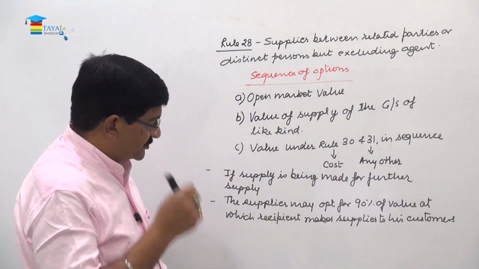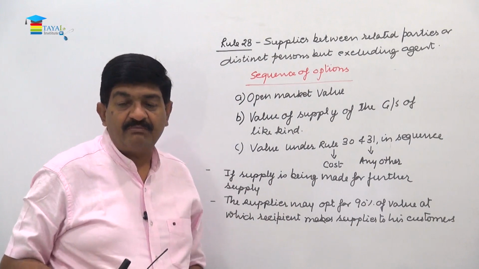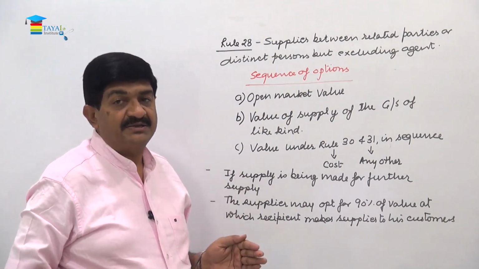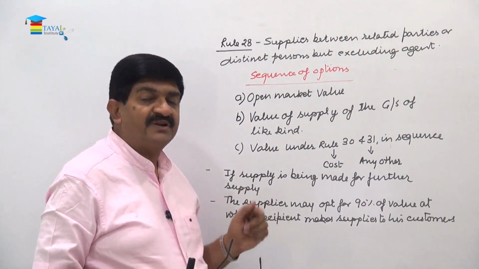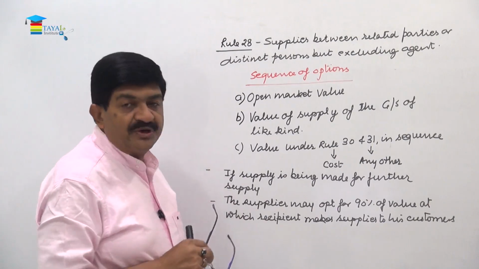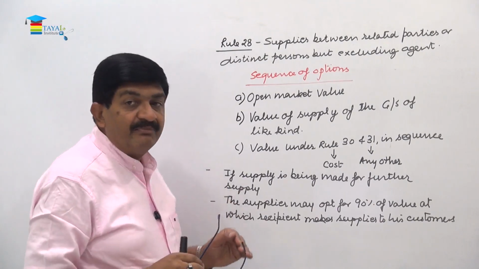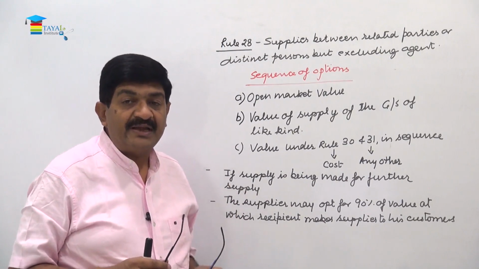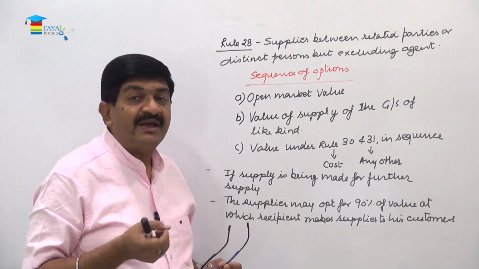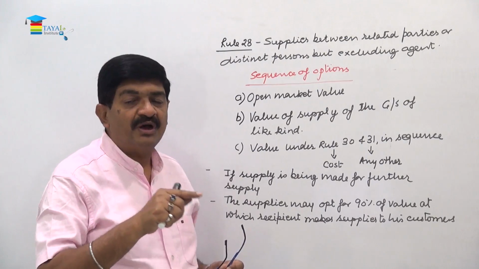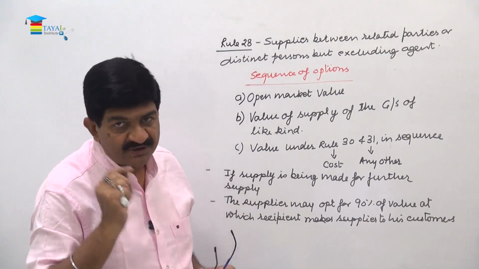So this is another option given: if the supply is being made to a related party or to a distinct person for further supply, in that situation the supplier may opt for 90% of the value of resupply as the value of his supply to a related party or to the distinct persons.